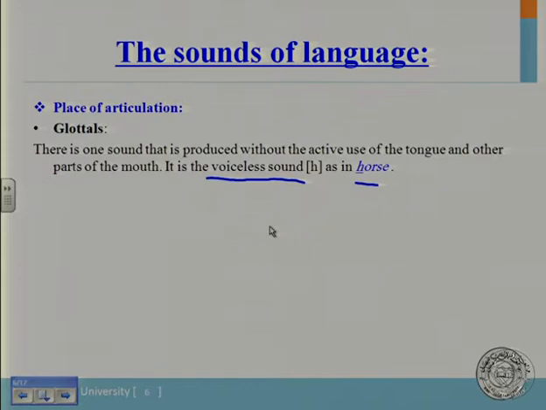All these words have one thing in common: they begin with the sound h, and the symbol is the letter H.